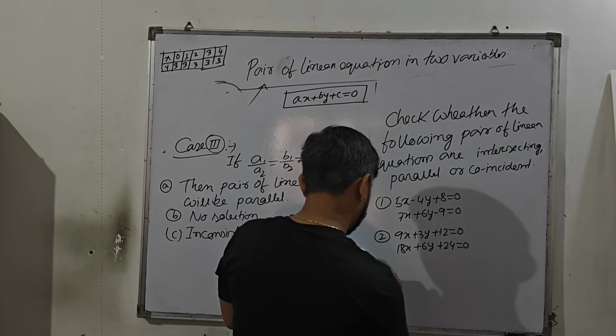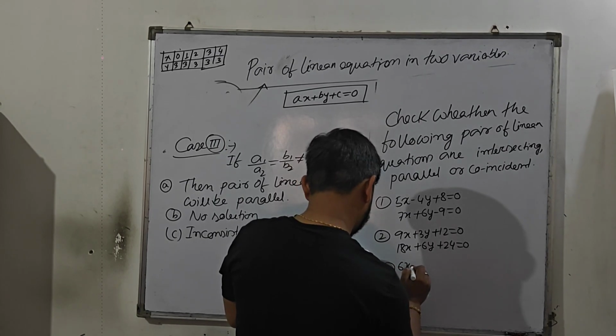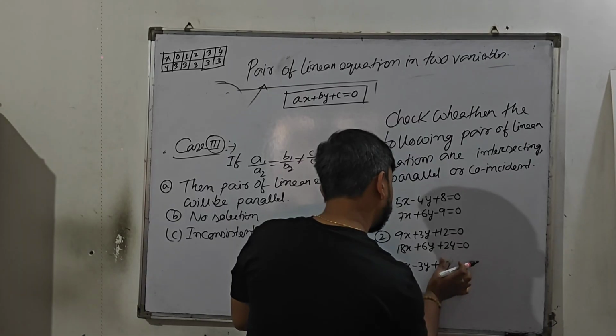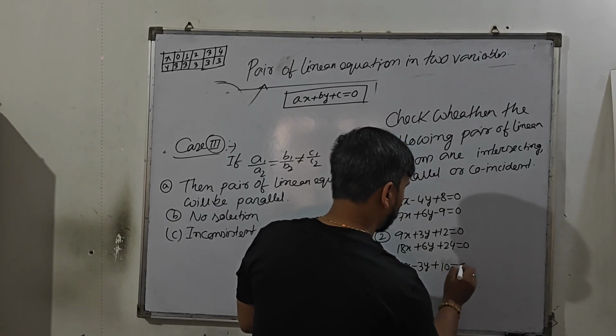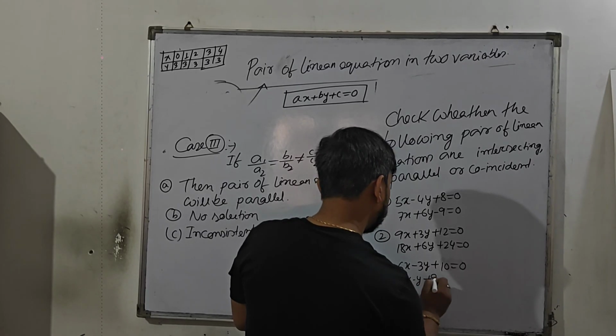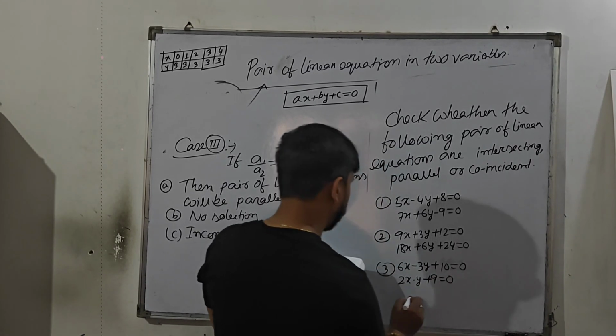Then third one, 6x minus 3y plus 10 is equal to 0. 2x minus y plus 9 is equal to 0.